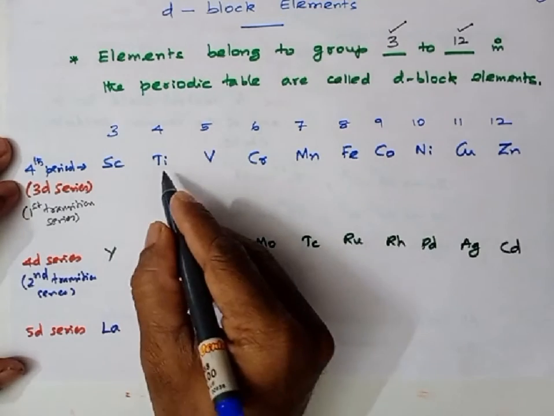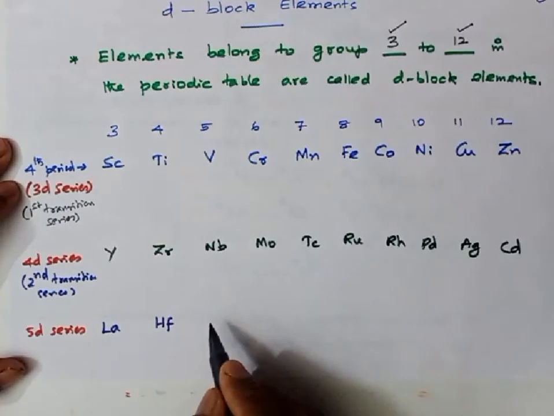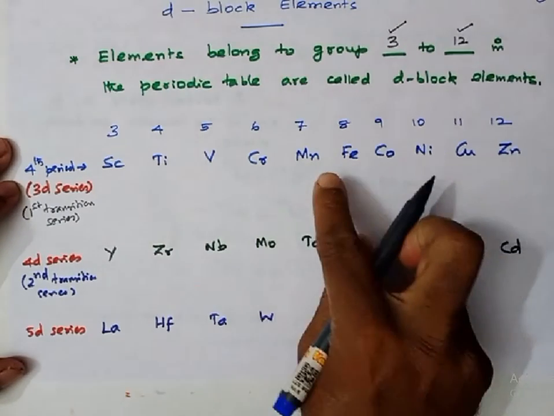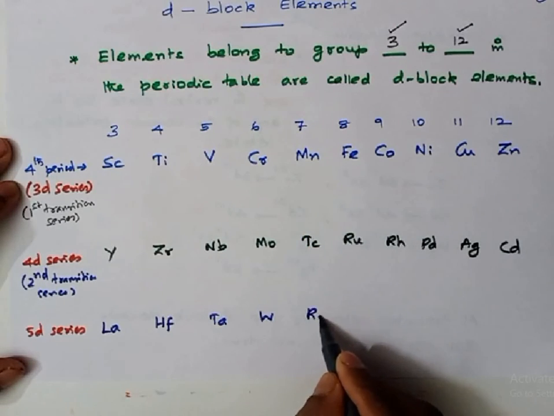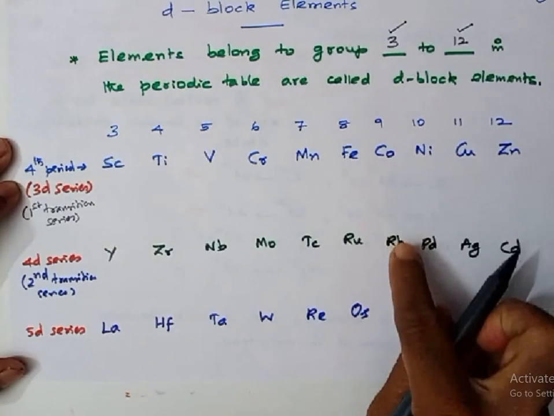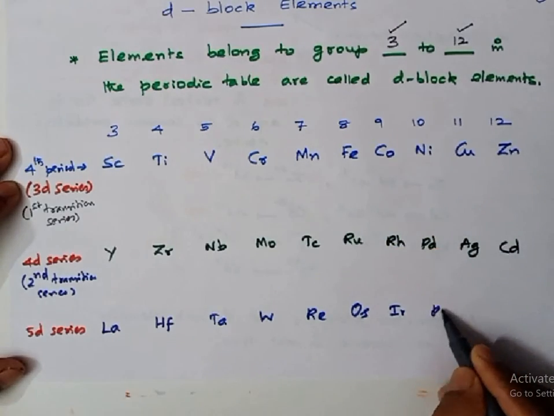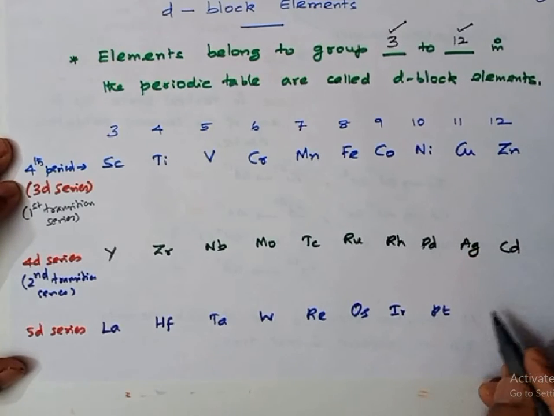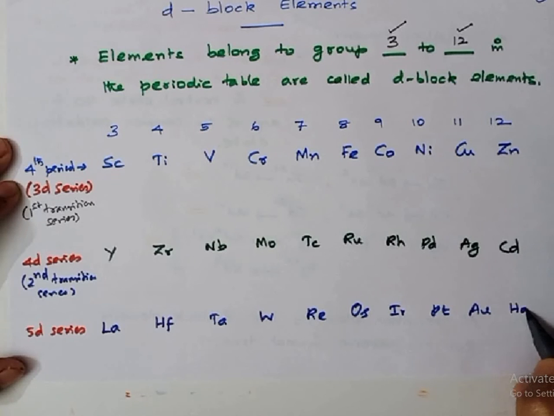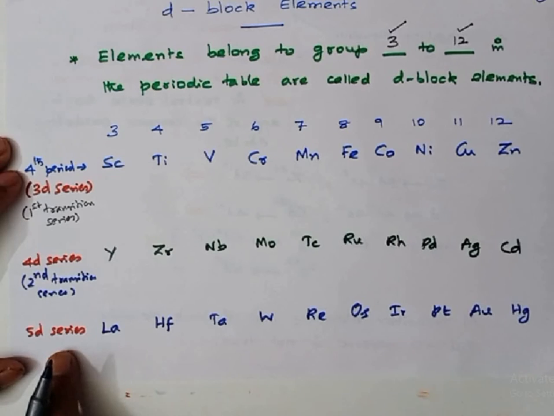Then titanium, zirconium, below zirconium we have hafnium; vanadium, niobium, tantalum; chromium, molybdenum, tungsten; manganese, technetium, rhenium; iron, ruthenium, osmium; cobalt, rhodium, iridium; nickel, palladium, platinum; copper, silver, gold; zinc, cadmium, then we have mercury. These are the elements present in the 5D series.